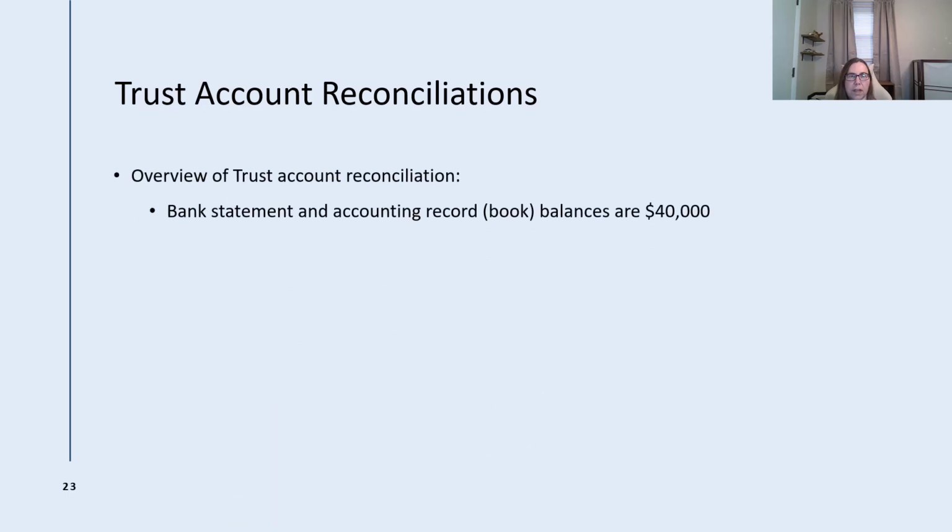So let's say this company has a reconciliation in their bank statement and accounting records show $40,000 as the balance at the end of the month. This would be their regular bank reconciliation. But then they would also want to take that one step further and figure out what clients or matters make up that $40,000.